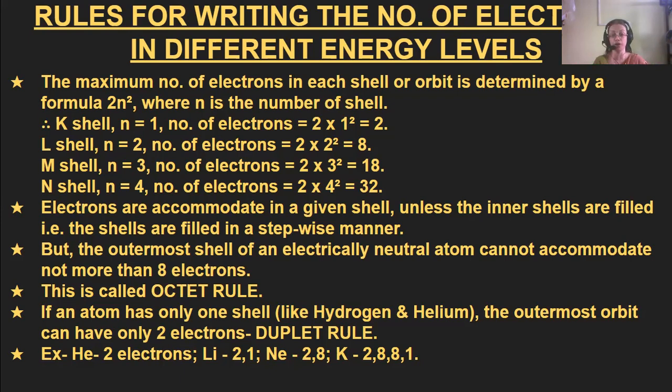Examples: helium, which has 2 electrons; lithium, which has 2 in the first shell and 1 in the outermost shell; neon, which has 2 electrons in the first shell and 8 in the outermost shell. Then potassium has 2 in the first shell, 8 in the second, 8 in the third, and the last has only 1.